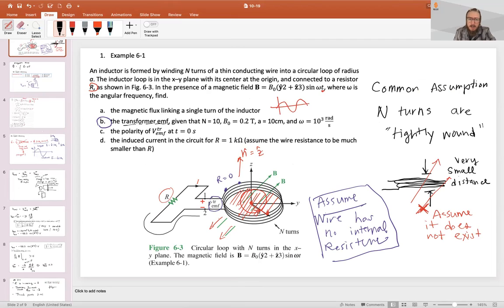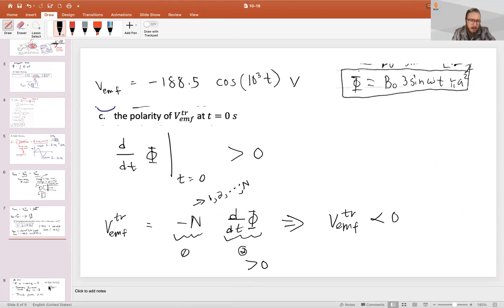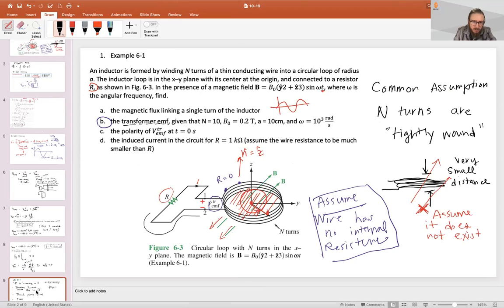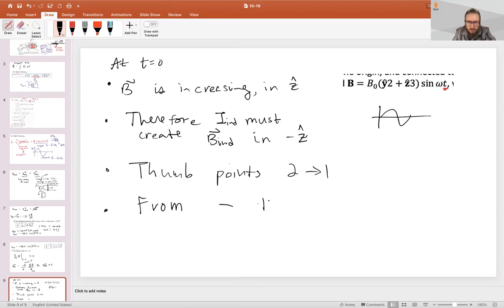We made a DS in the positive Z, which we referenced as plus to minus, but our thumb is pointed at the opposite direction. So our thumb points from the 2 to 1, which is from minus to plus, and this also indicates negative polarity.